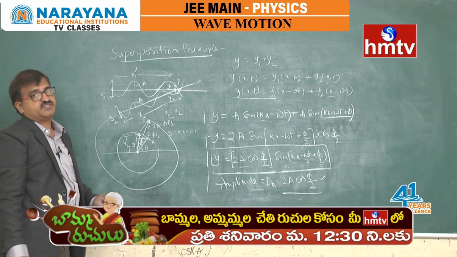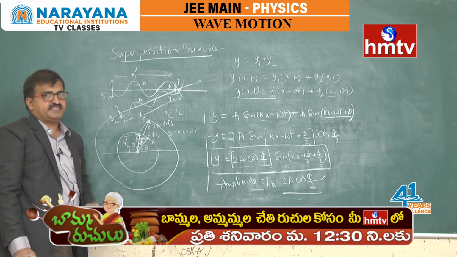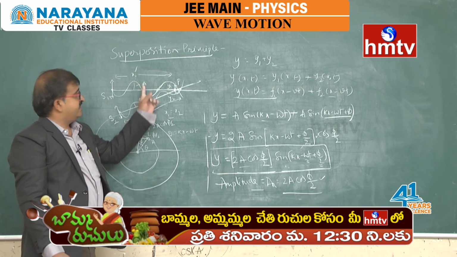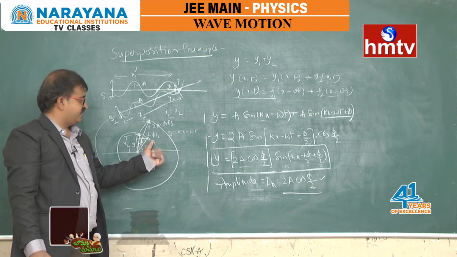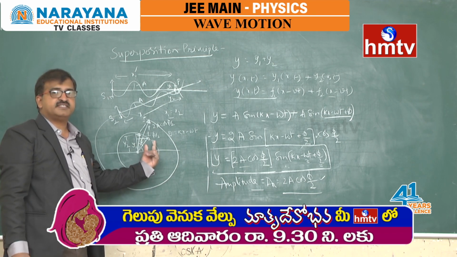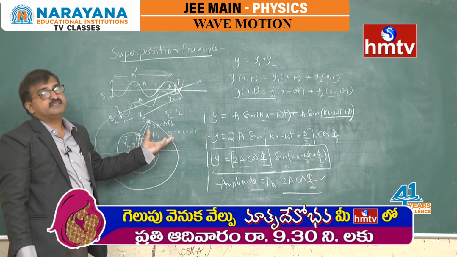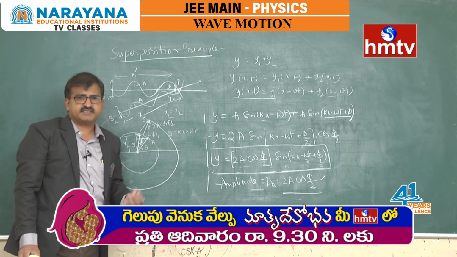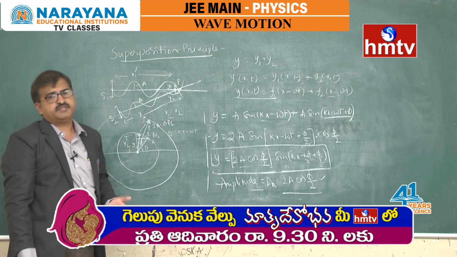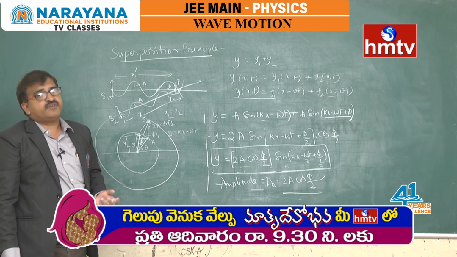The same thing can be applied in the case of different values A1, A2. That means you get two different circles, and you can extract the result by applying the simple parallelogram law of vectors.